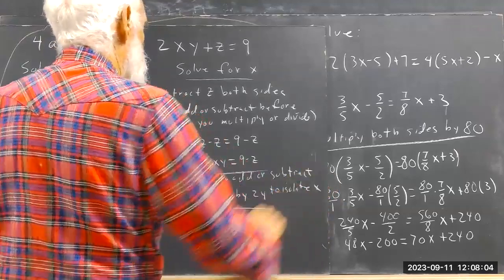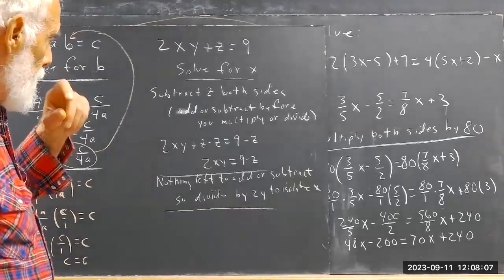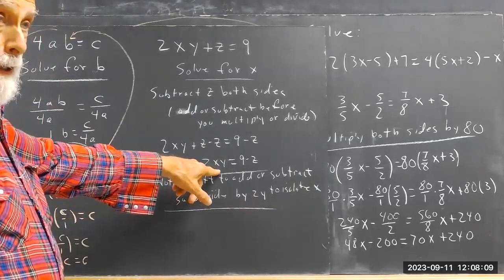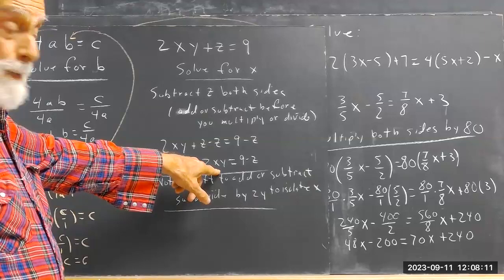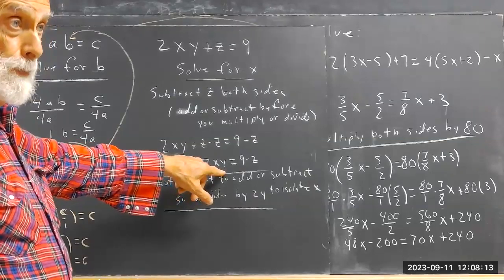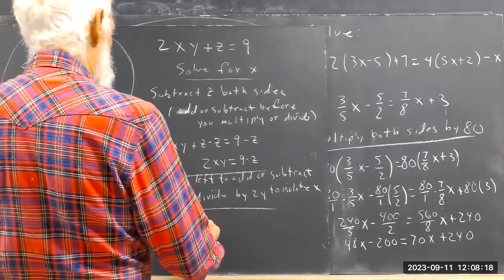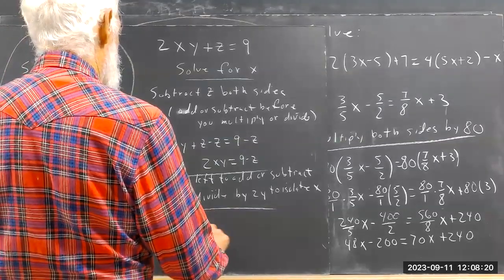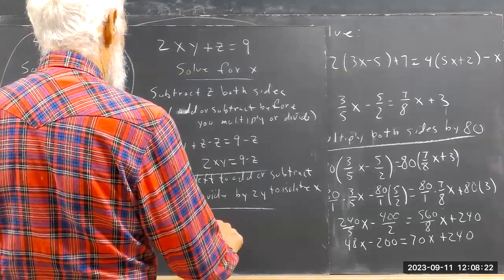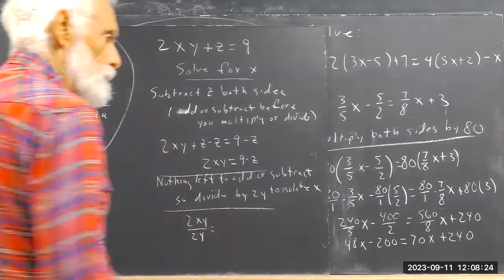So my statement is, there's nothing left to add or subtract in order to isolate X. All you've got to do is get rid of that 2y, which is multiplied by X, so you divide by 2y. You get 2xy over 2y equals what?